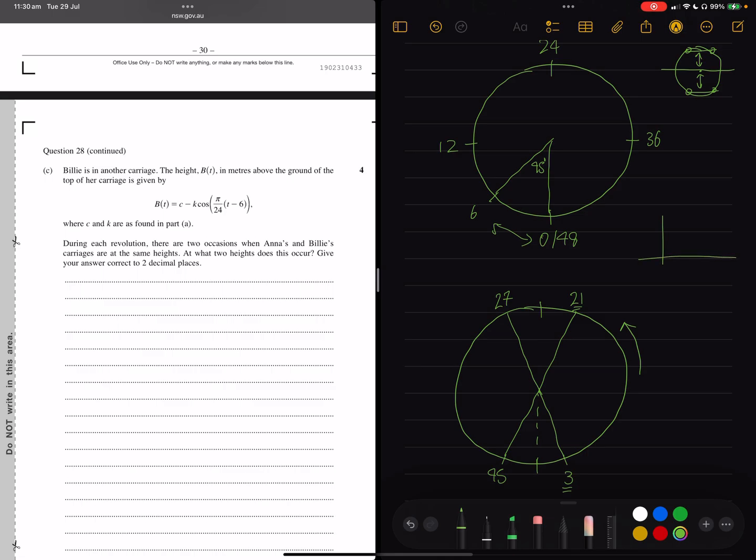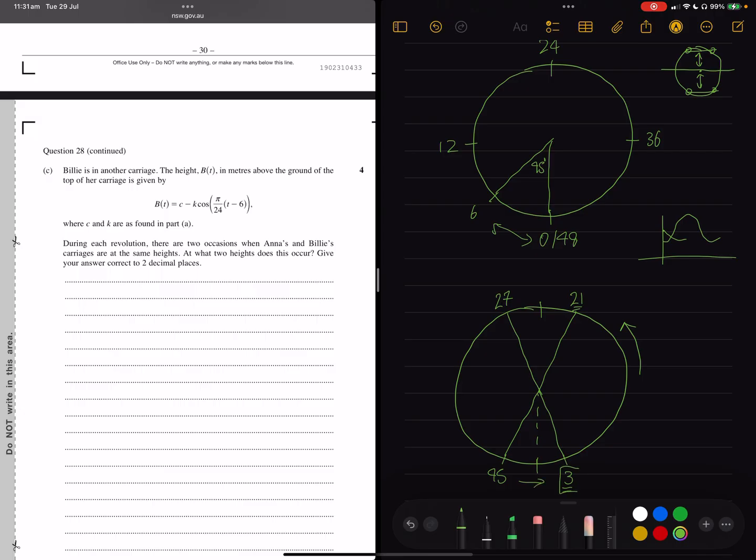If we drew both of these cosines, Anna's looks like this. Minus 6 shifts the whole thing to the right. So Billy actually starts slightly high and then goes down. So when Anna is at the bottom, Billy is already slightly in the air and then comes down.